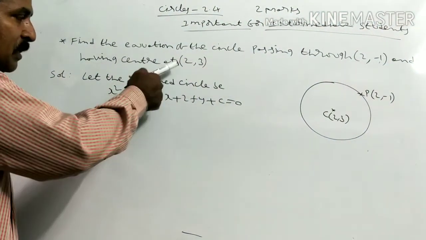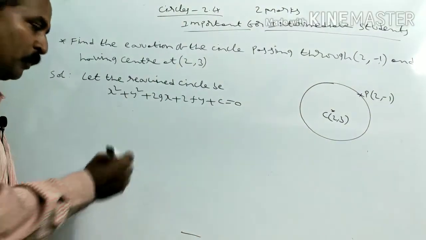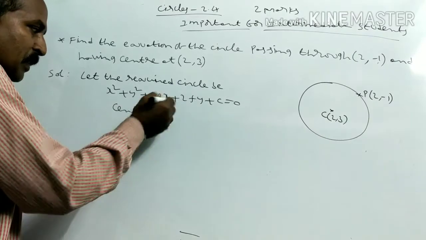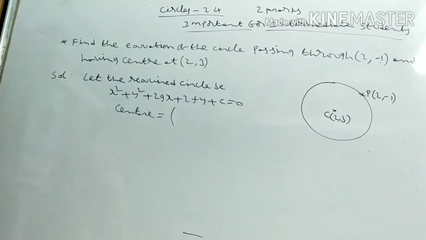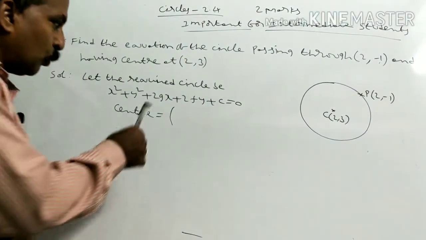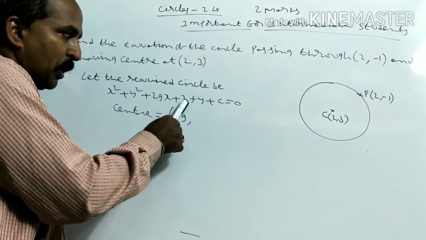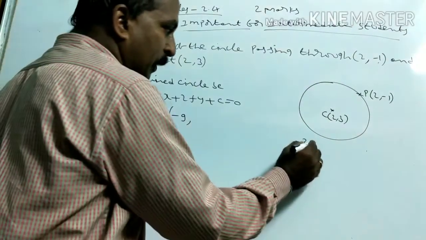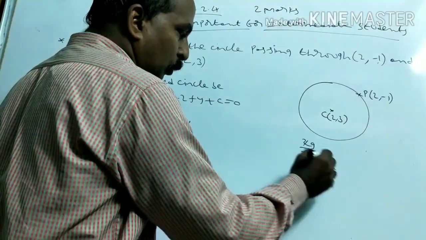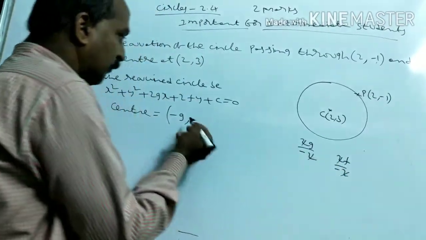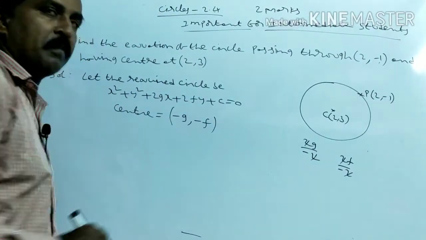Here it is given that the center of the circle is 2, 3. We know that the center for this circle is (coefficient of x divided by -2, coefficient of y divided by -2), that is 2g by -2, 2f by -2. So the center is (-g, -f).